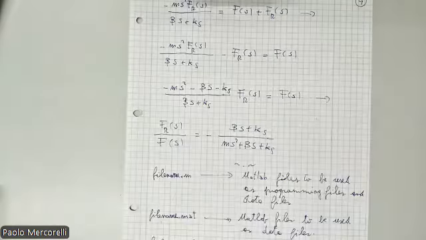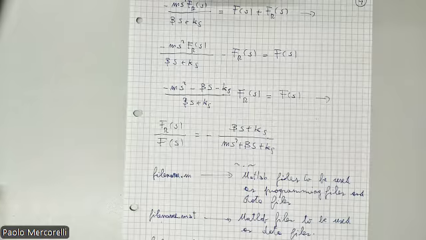Let me use these 10 minutes to answer again the question of Tamo, or to repeat what we did last time, in case we have initial conditions. In the analysis where we use the transfer function, please don't forget that this analysis is valid only if the system is linear or linearized.